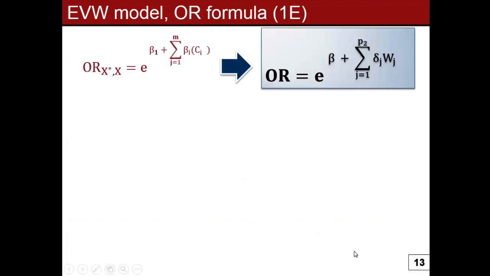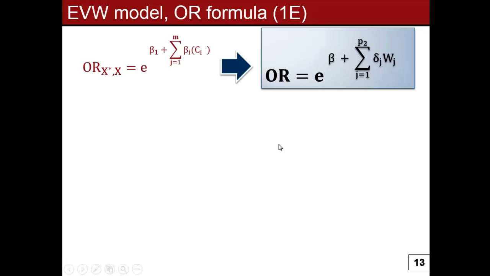So what happens to other things we've seen? The odds ratio expression, for one exposure. If you have multiple exposures, this is a little more complicated because you have several betas.